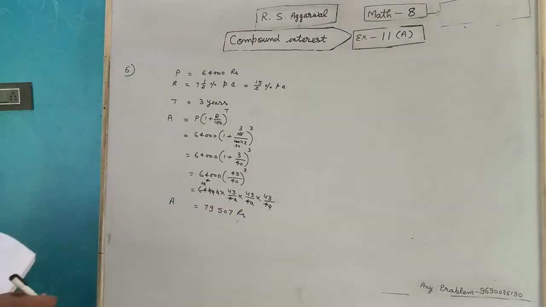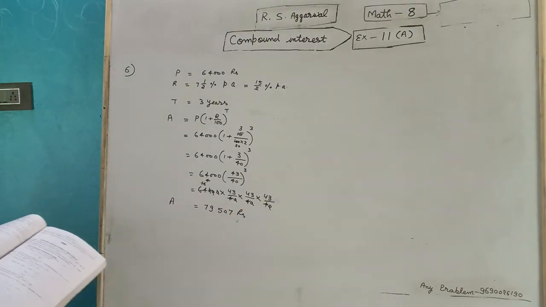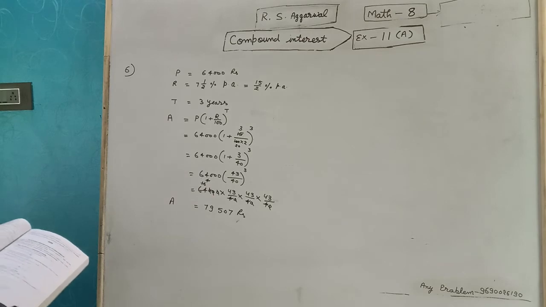Manoj gets 79,507 rupees. Question number 6 is complete.